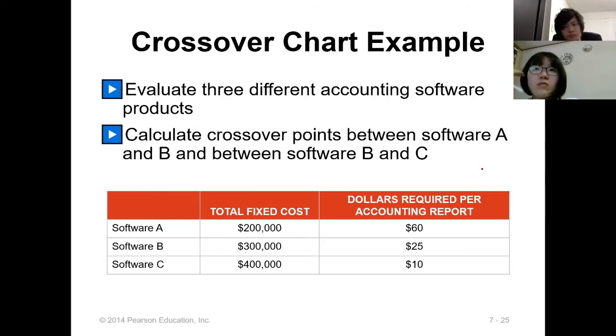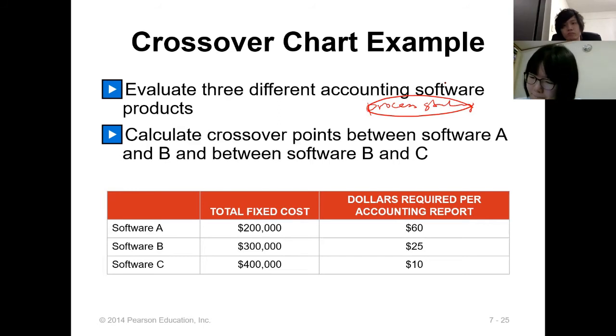So what we are going to do is evaluate three different options. It can be software, it can be process strategy, it can be anything. Let's say it's a process strategy.